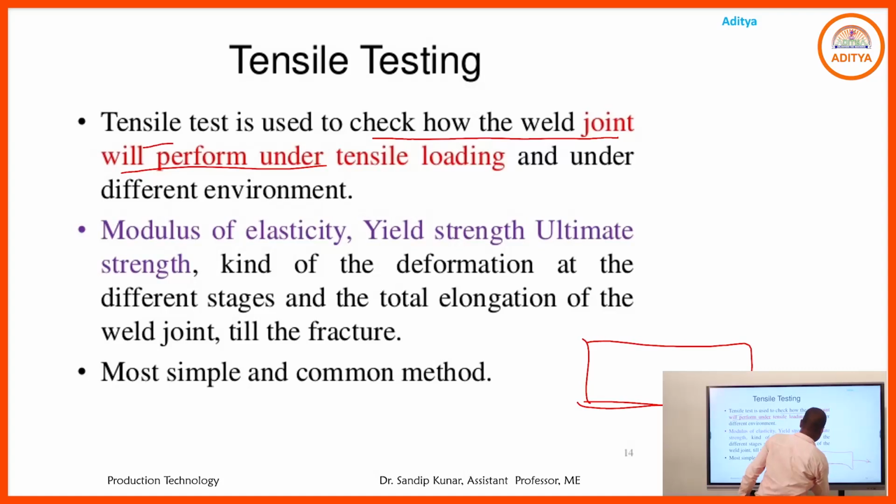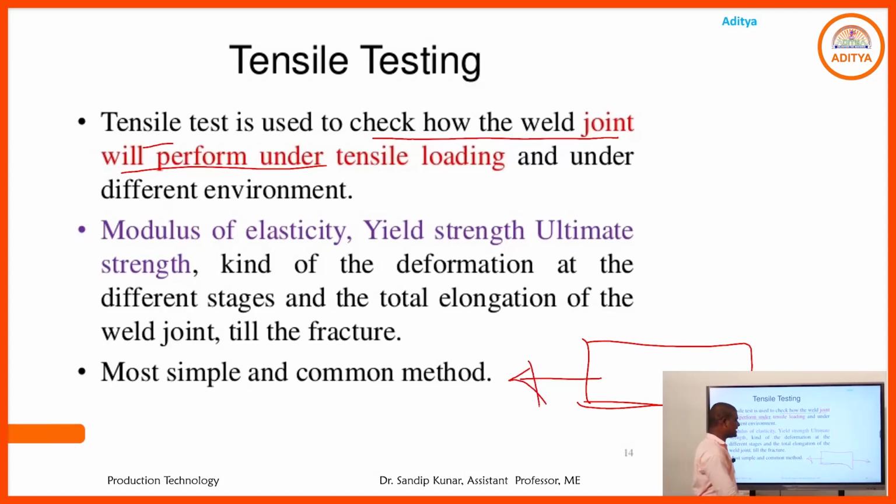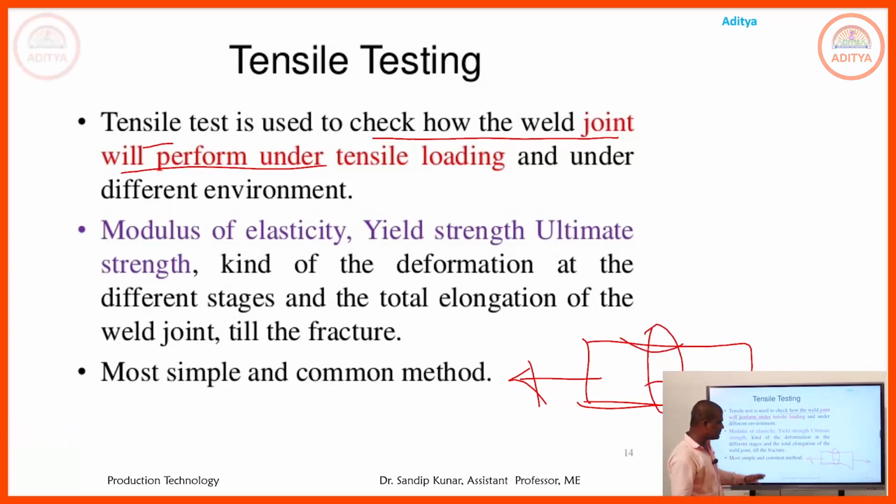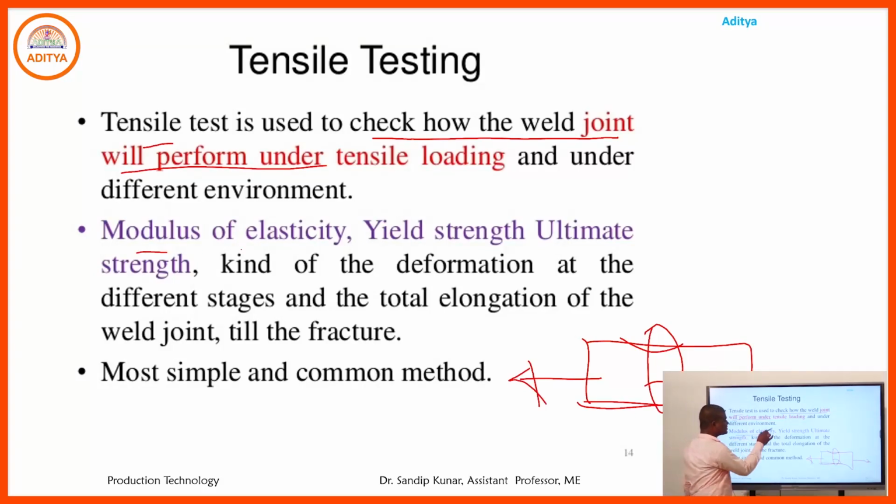Here we apply the force, and on that side also we apply the force. After a certain time, a neck-type shape will be formed, and after a certain time that will crack. Before cracking we have collected tensile strength data: modulus of elasticity, yield strength, ultimate strength, collected during deformation of that particular weld joint.